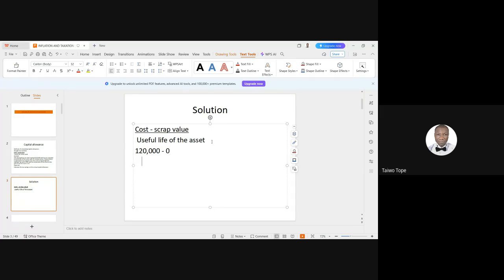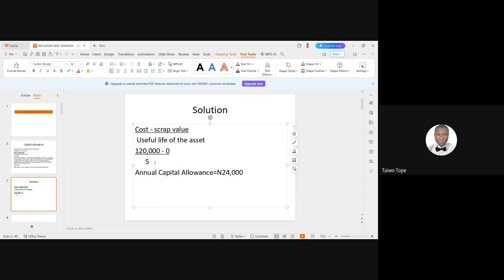The useful life of the asset is 5. So this will give you the capital allowance value. The annual capital allowance will be 24,000.